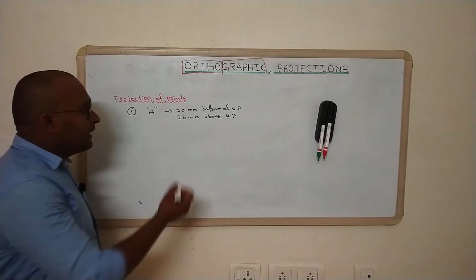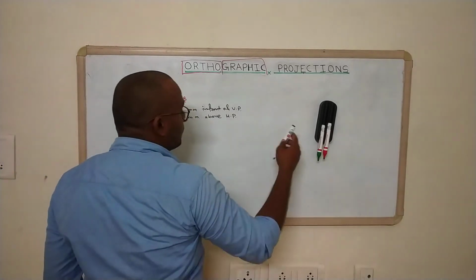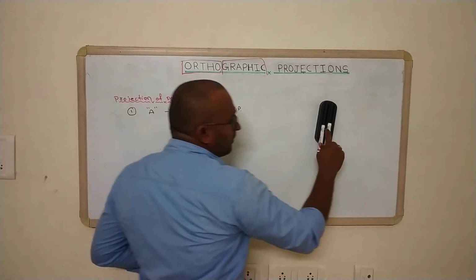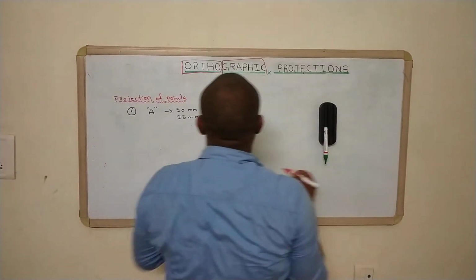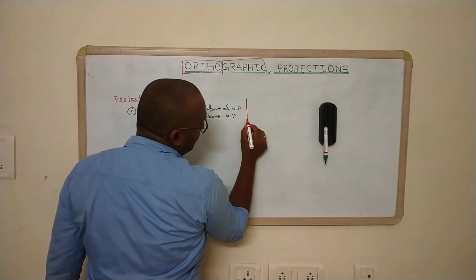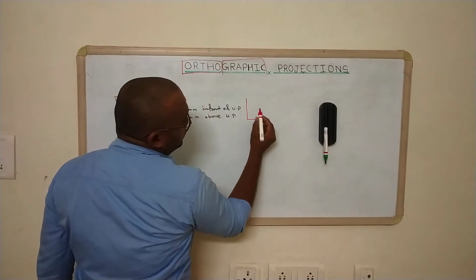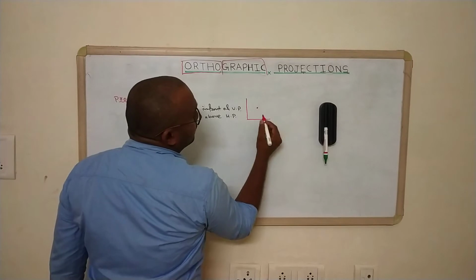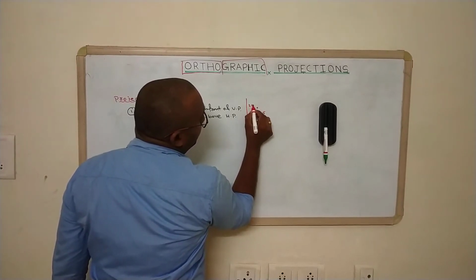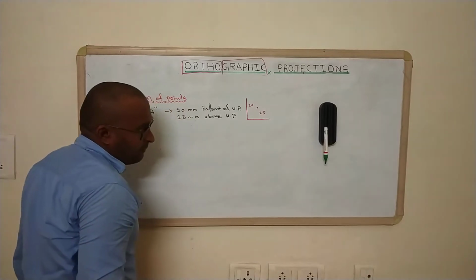So here we can observe that whenever we are solving these kind of problems, initially we must check the position, that is, it is a first angle projection. Here above HP is about 25 mm and in front of VP is about 20 mm.